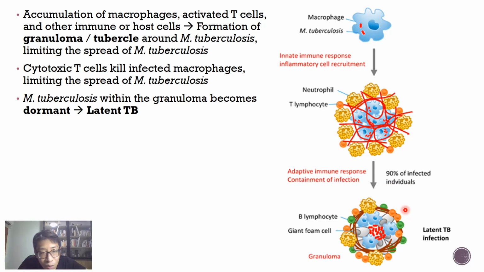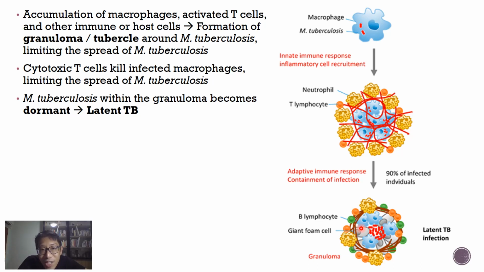Within the granuloma, the bacteria may still continue to divide, but after a while they would turn dormant. They would stop dividing, they would just persist within the granuloma. When they are dormant, the immune cells also will not really disturb them.